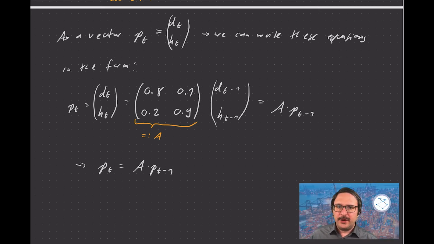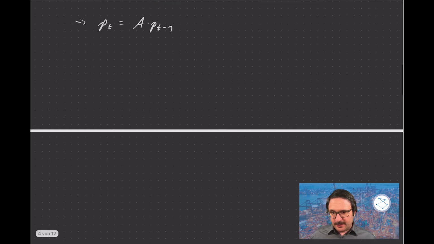And that means if we know the current state, of course, we can make a prediction for the following week. Now, that's the easy part. But we'd like to make a longer prediction, and of course we can do this as well. If we know the current state, we can make a prediction for the following week. Based on that, we can make a prediction for in 2 weeks. Then we can make a prediction for 3 weeks, and so on and so on.